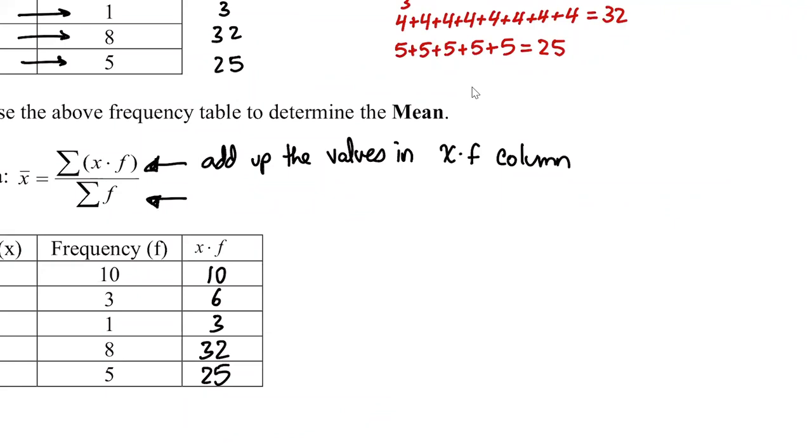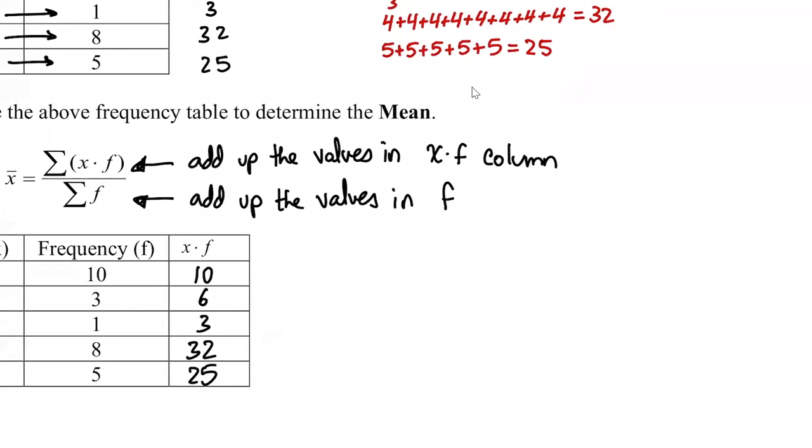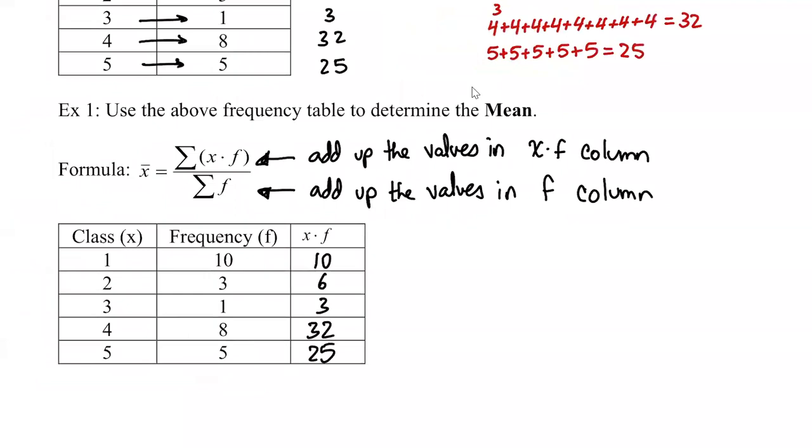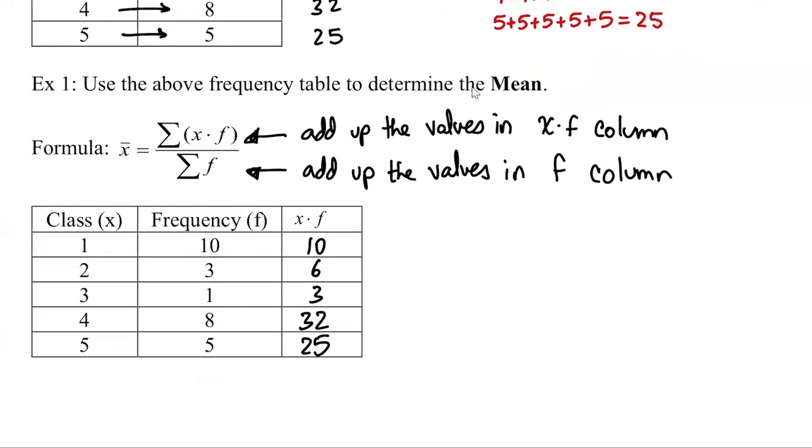And the other one should be a little bit more obvious based on this, because it's got the same kind of naming convention. You're adding up the values in the F column. And we have these two columns just kind of ready to rock and roll for us. So these two columns get added together.